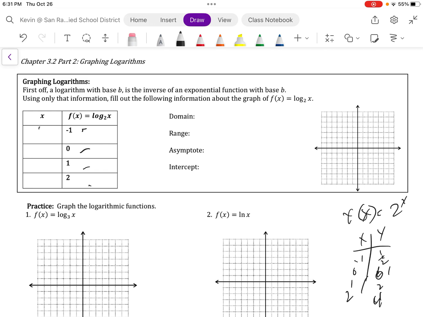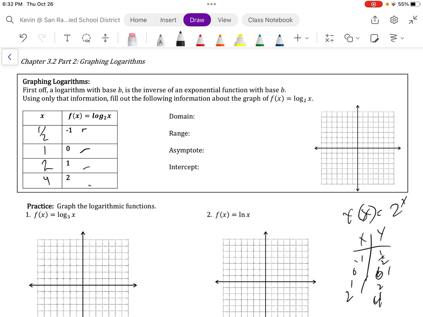So this is going to be 1 half, 1, 2, and 4. Because log base 2 of 1 half is negative 1. Log base 2 of 1 is 0. Log base 2 of 2 is 1. Log base 2 of 4 is 2.